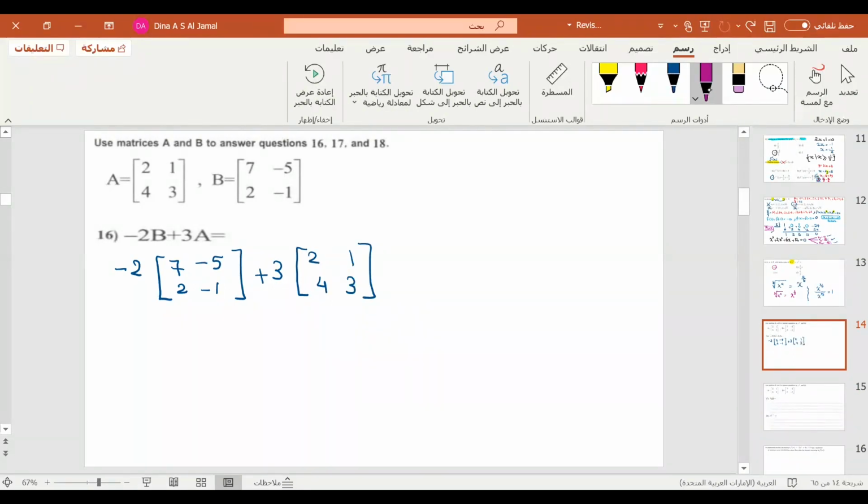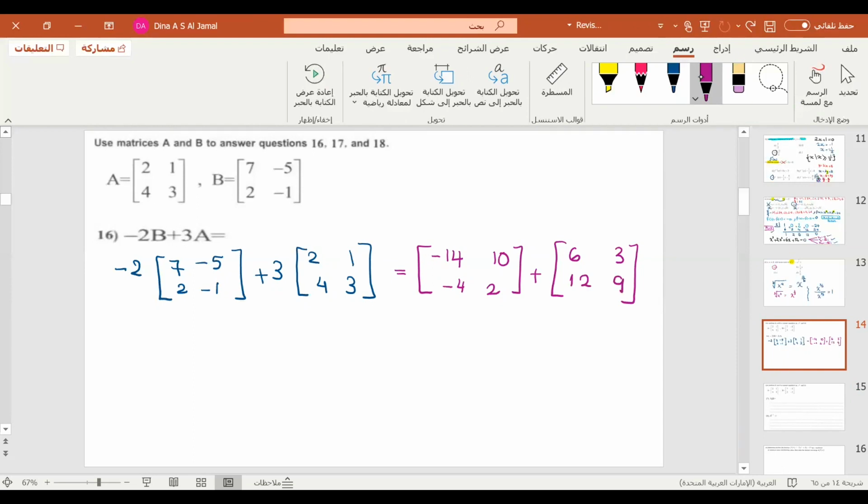So start multiplying, scalar multiplication, and this scalar multiplication will be giving you minus 14, minus 4, 10, 2. Added to another scalar multiplication, and this is the result, 6, 3, 12, 9.